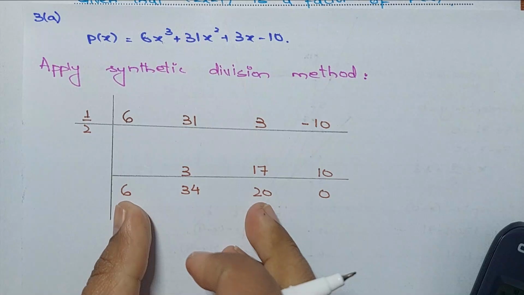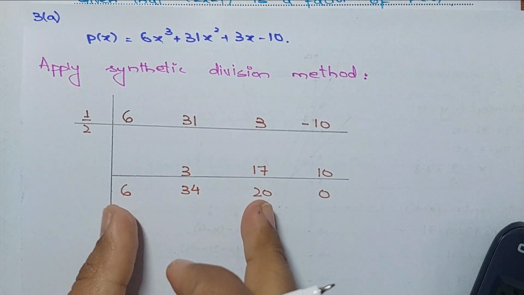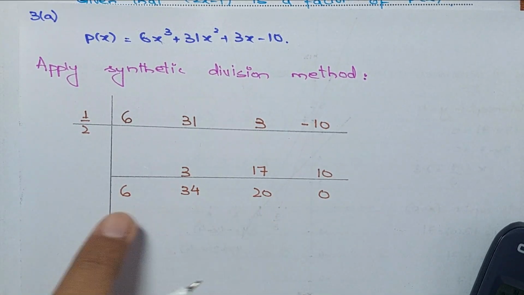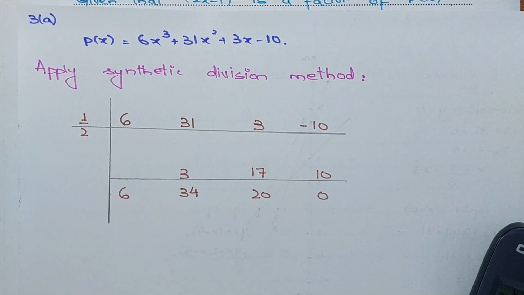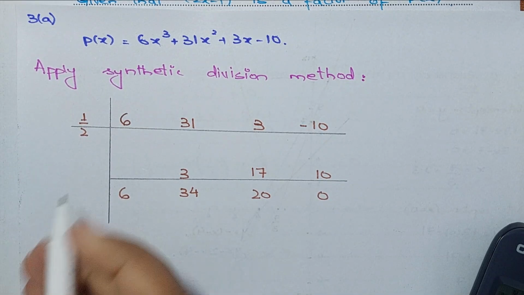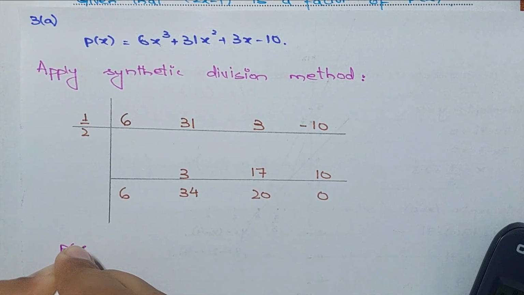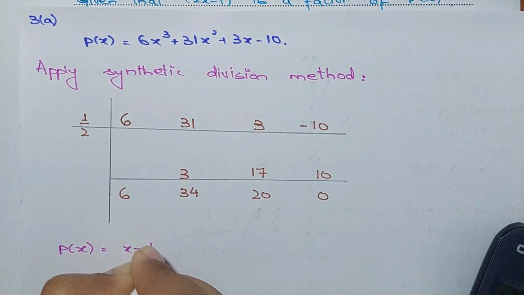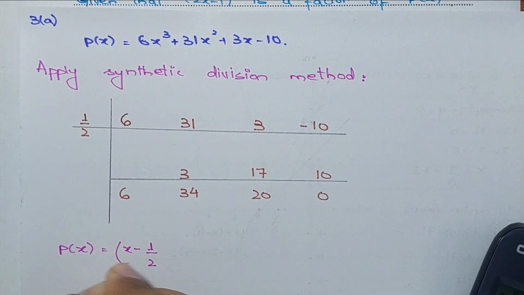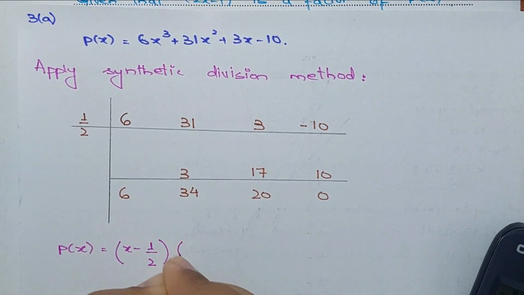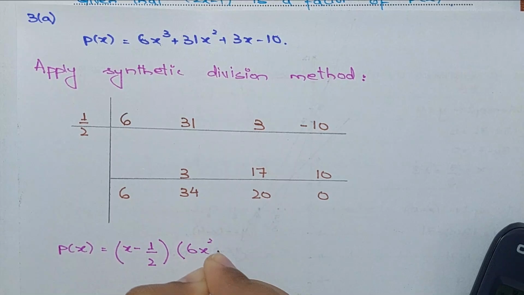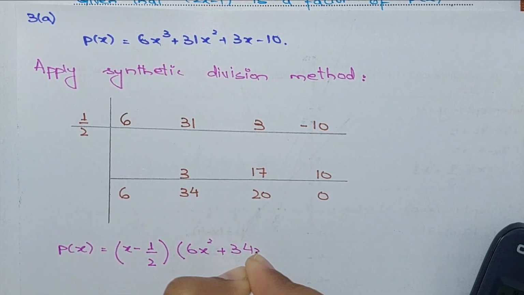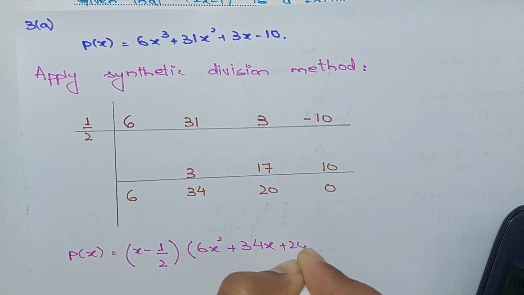Now this is a quadratic polynomial, and these are the coefficients of x square, x, and the constant term, right? Okay, now we can write the polynomial p of x as x minus 1 by 2 is the factor, times 6x square plus 34x plus 20.